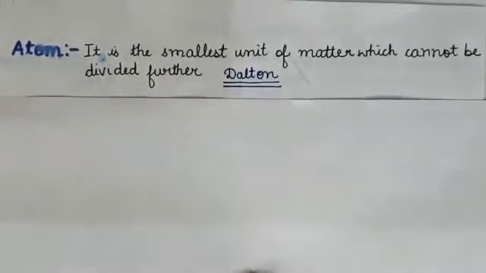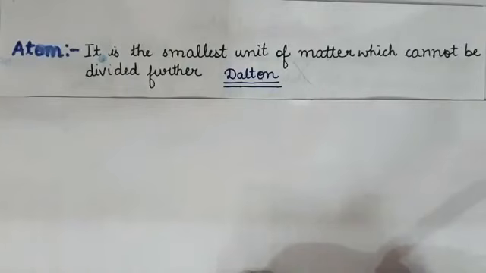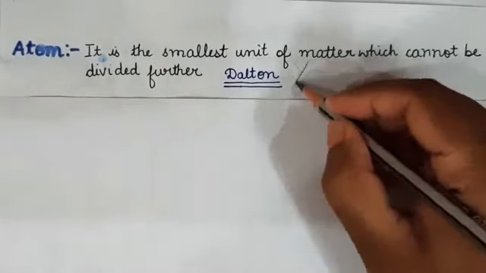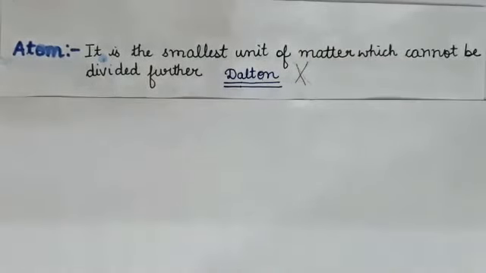But later on, certain experiments were carried out by various scientists, and it was revealed that atom is divisible. Atom is divisible into its subatomic particles. So Dalton's theory failed.